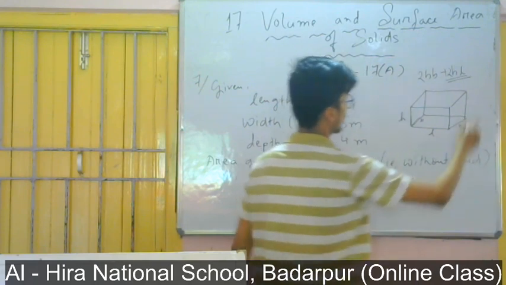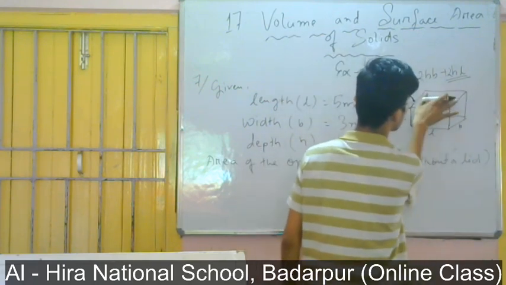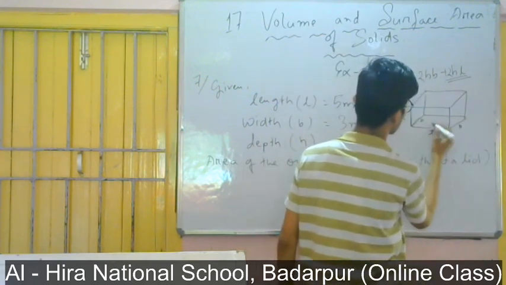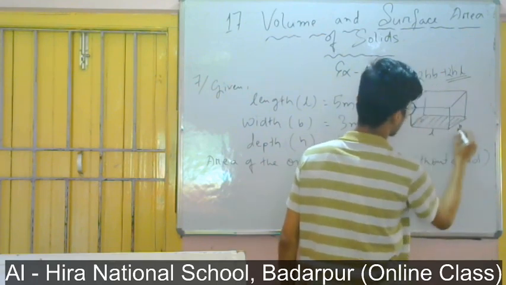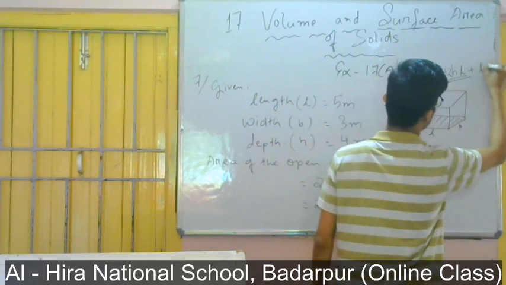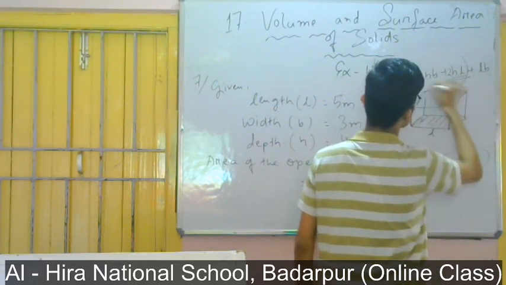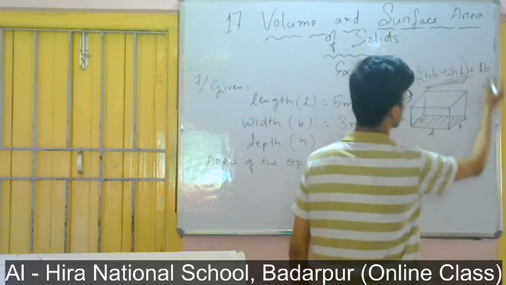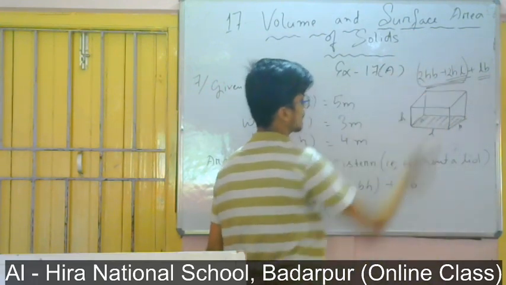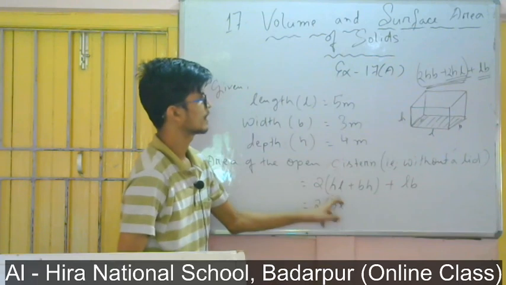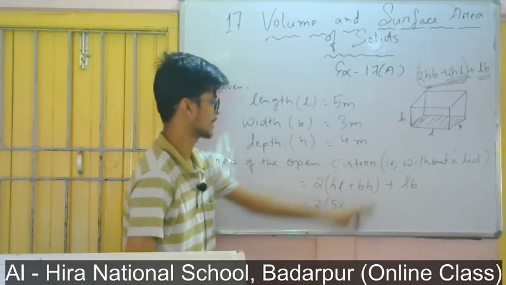Okay, and plus only you have to leave this part, only one time this part will be there, that means only the base. So base is given as L and this is B plus LB. So actually this is the area of the 4 wall and this is only the base, because I am leaving this upper one. So it will be this HL plus BH.